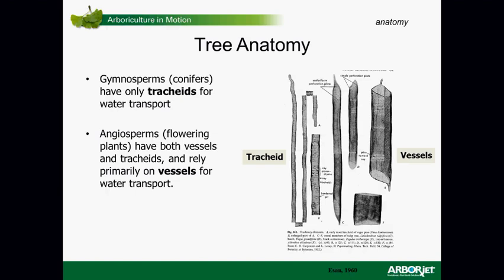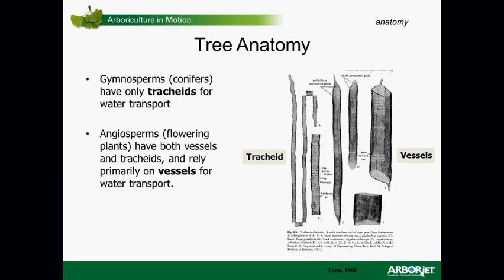Tracheids tend to be smaller diameter than vessels, which occur in angiosperms. So flowering trees or deciduous trees will primarily rely on vessels for transport, but they also contain tracheids as well, whereas conifers rely solely on tracheids.